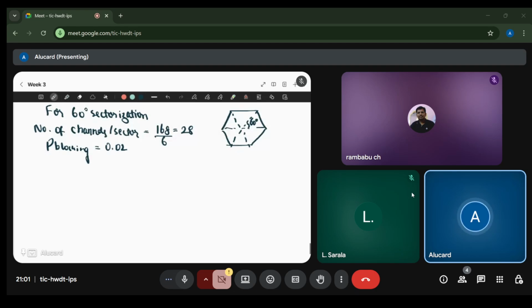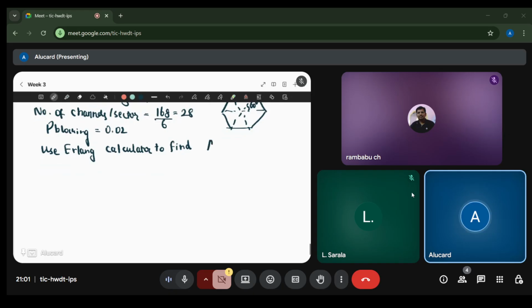And then again, you use the Erlang calculator to find A, let's call it A dash, for 28 channels, and EB is 0.02.